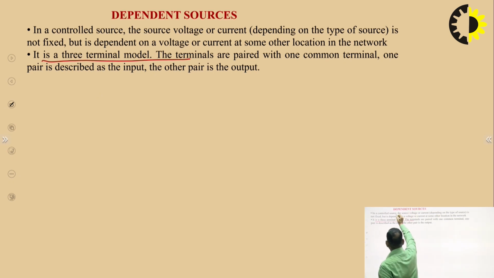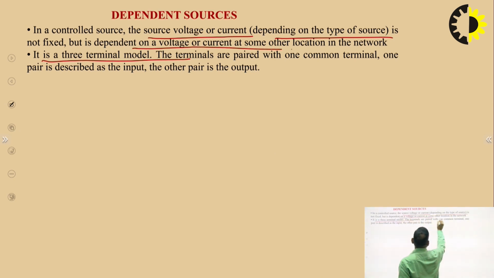In any controlled source, the source voltage or current, depending upon the type of source, is not fixed but is dependent on the voltage or current at some other location in the network.